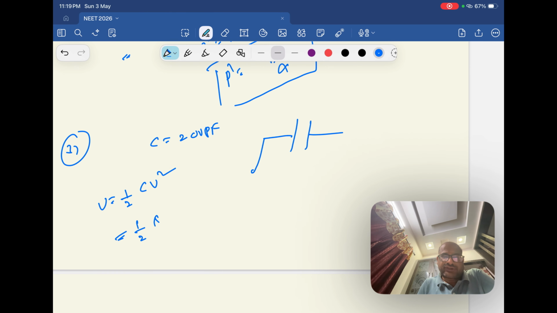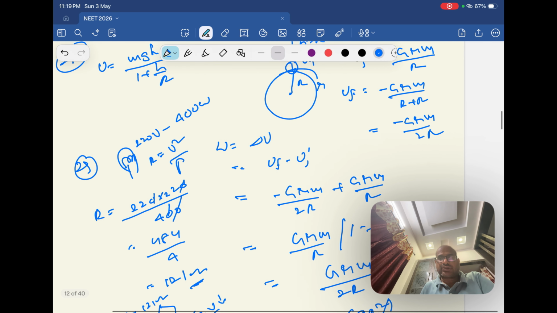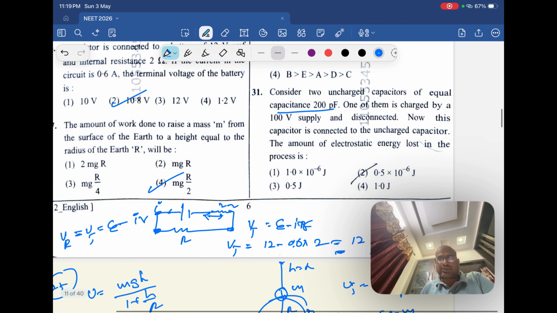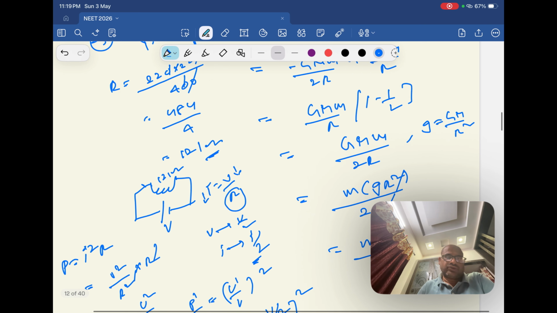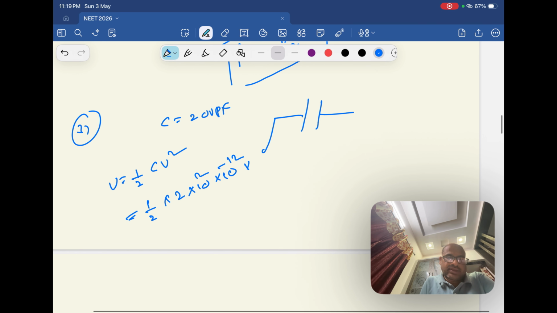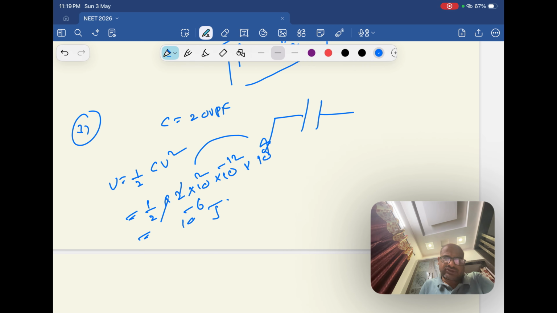So half C is 200, pico means 10 power minus 12, and the initial voltage is 100 volts. 100 volt whole square is 10 power 4. So the initial energy will be 10 power minus 6 joules.